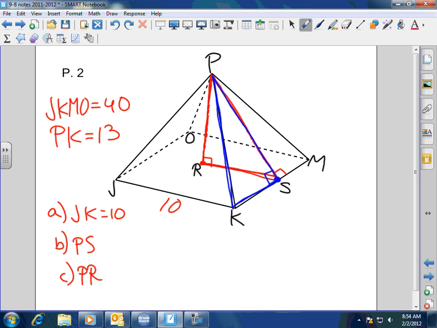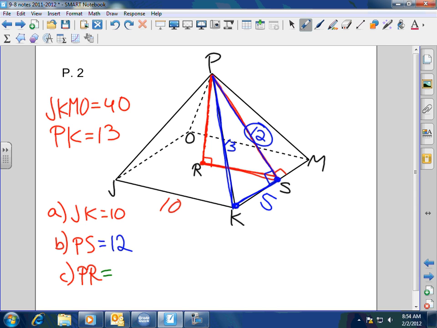This KS is half of the base, so that's 5. I know that PK is 13, so this is a 5, 12, 13 triangle, so PS would be 12. Does that make sense?